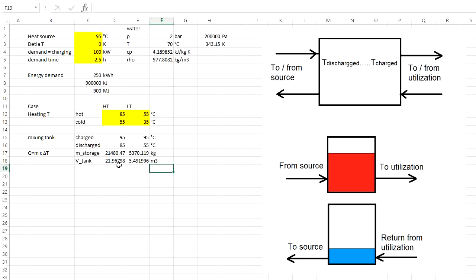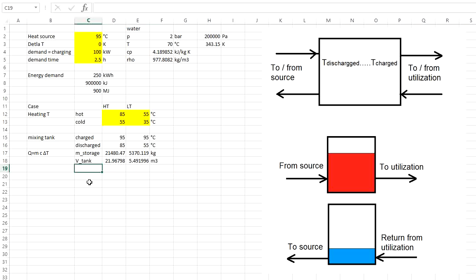For the first case, if we have just a mixing tank operating between 95 and 85 degrees C, which is not much, for the required amount of heat we would need 22 cubic meters, while for the second case we would need 5.5 cubic meters. Now from this you could, for example, convert it to a cylinder with given diameter and height for actual sizing of the component.